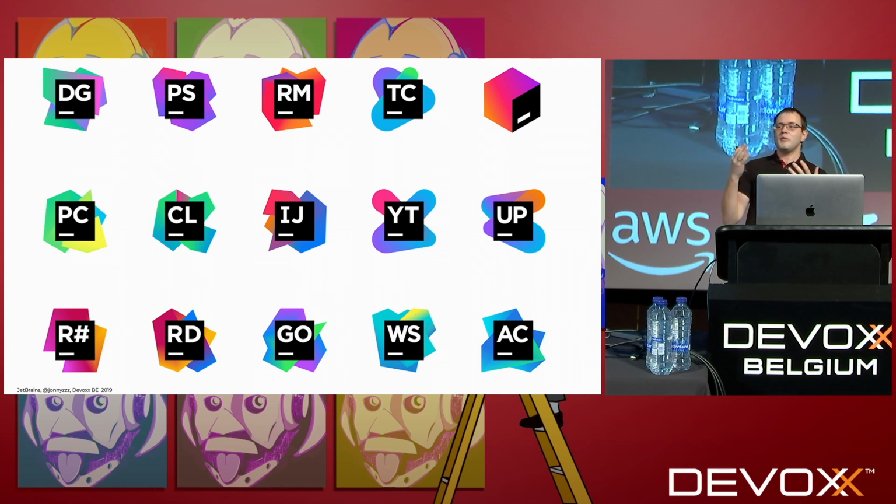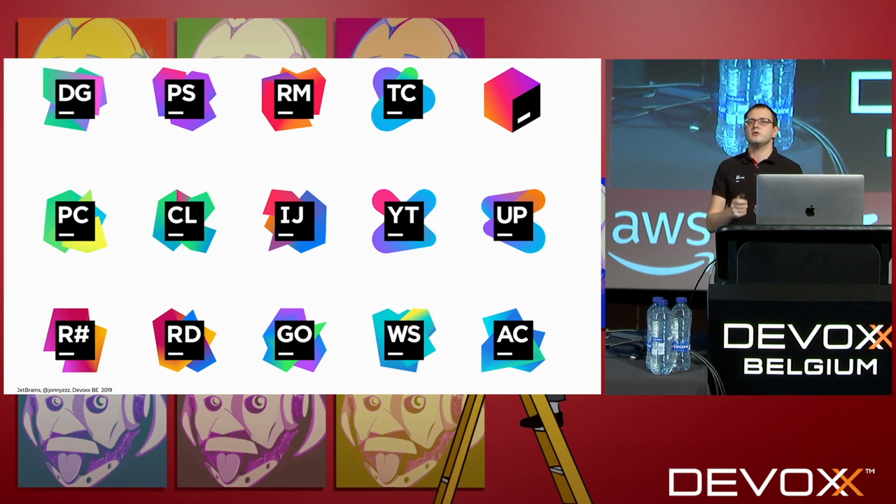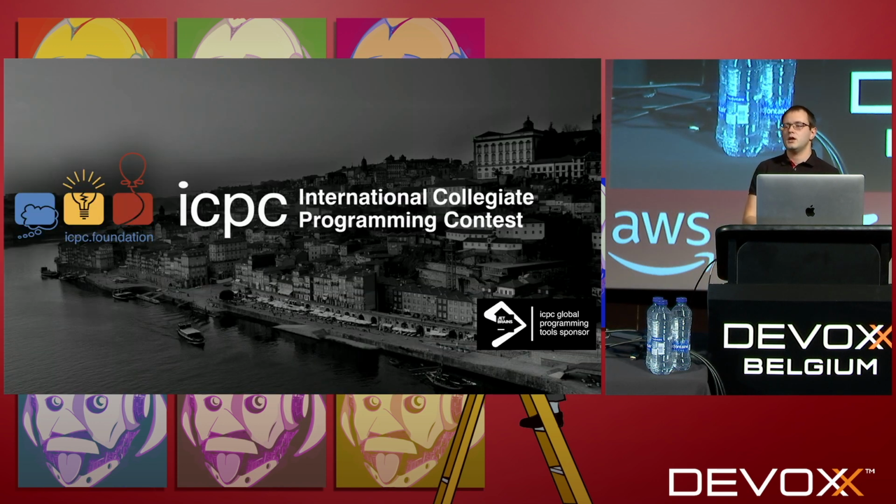There are many products which we have at JetBrains, and just like this picture, almost everything is using Kotlin, more or less. It depends on the team, where they eagerly use it and where they are a little more conservative, but they use it everywhere.